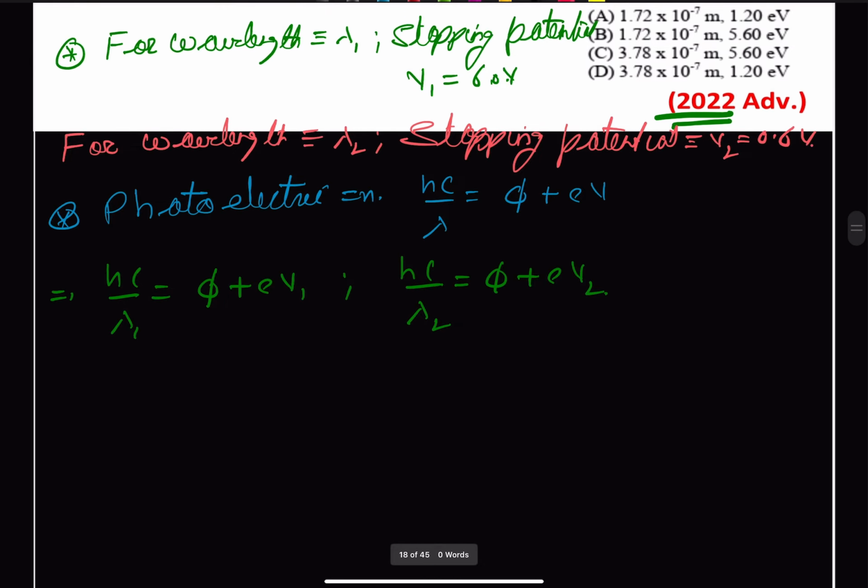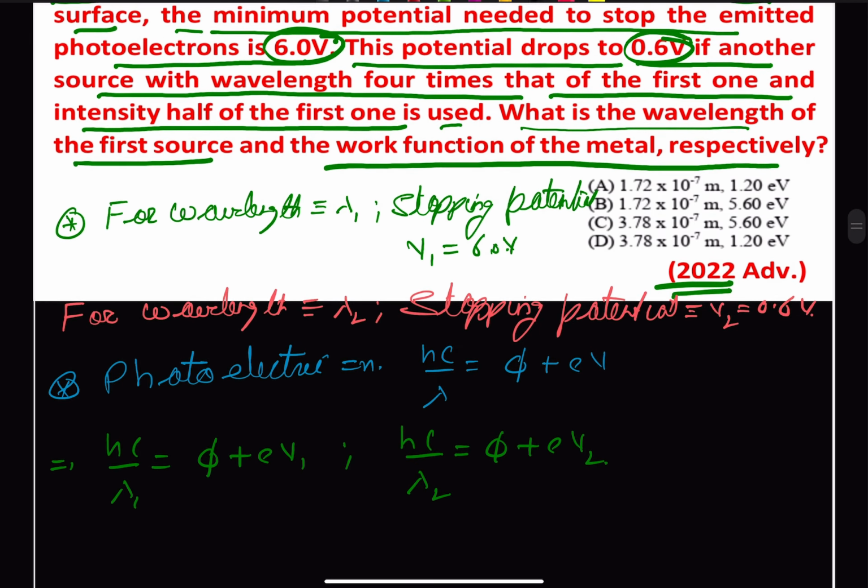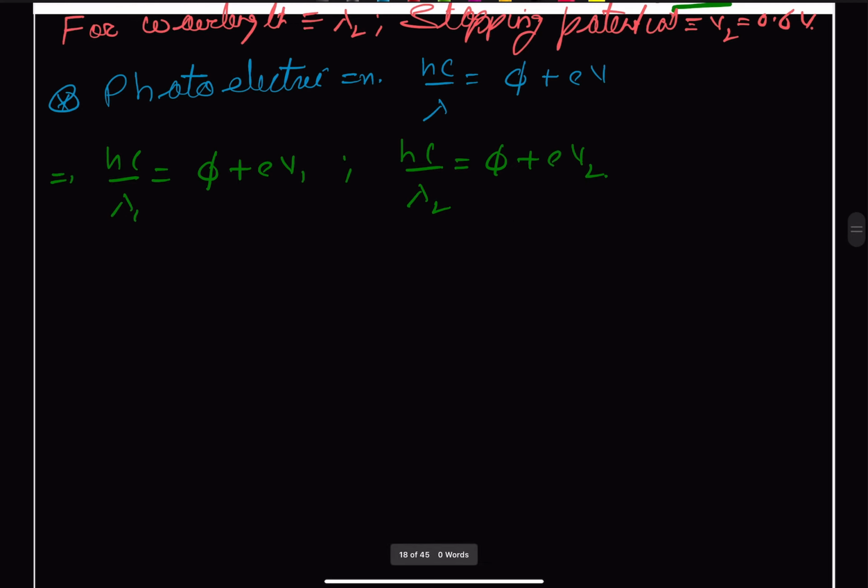And we are given the relationship between lambda 1 and lambda 2, that is 4 times. Therefore, we substitute lambda 2 as 4 times lambda 1, and we get Hc upon 4 times lambda 1 is equal to phi plus e times V2.